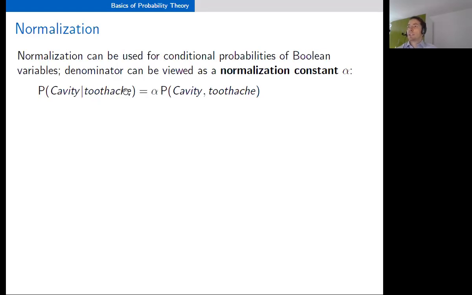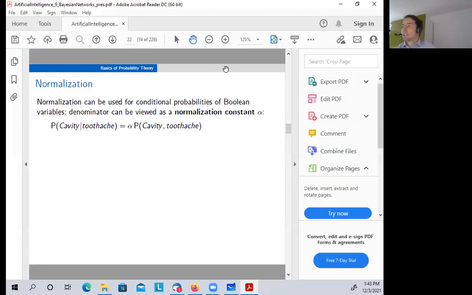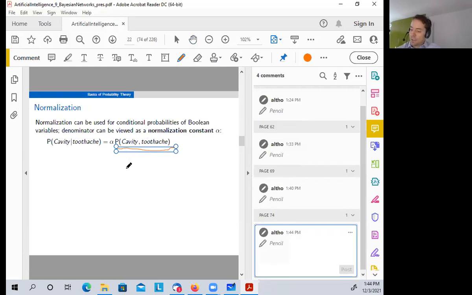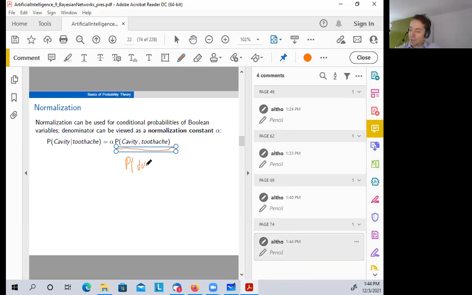Because by definition, this is nothing else than the joint probability divided by the probability of toothache. And dividing by probabilities can be realized by multiplication with alpha, which normalizes the values.